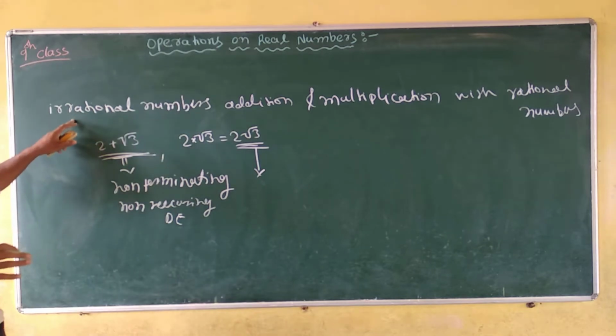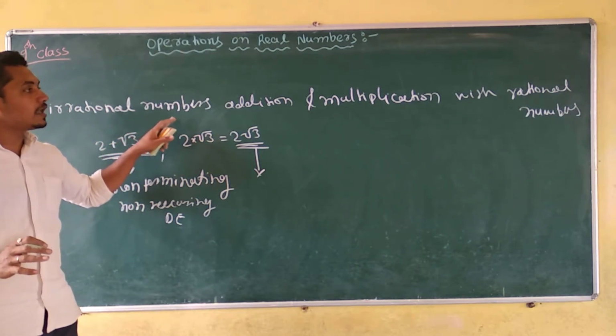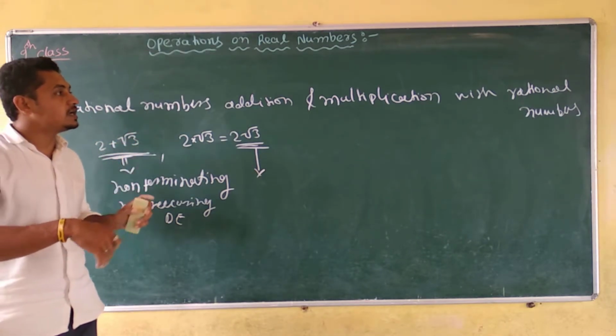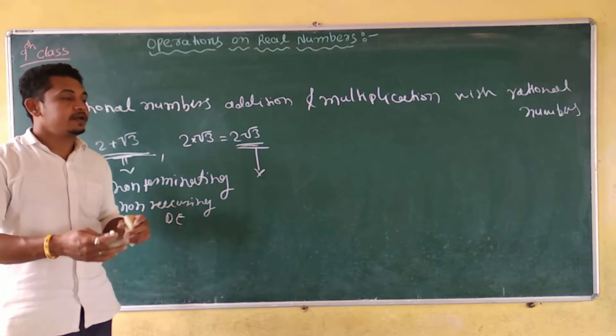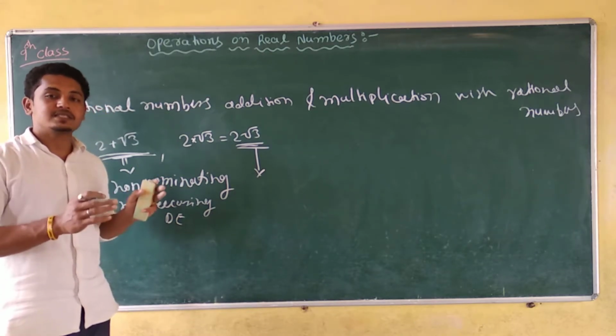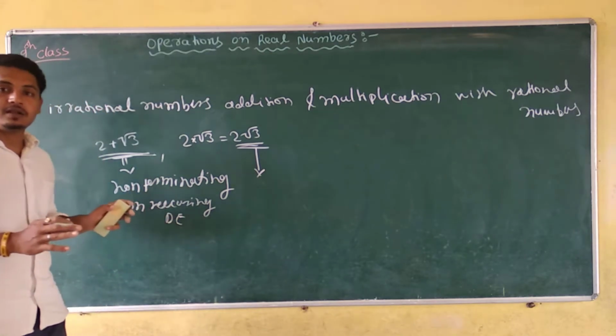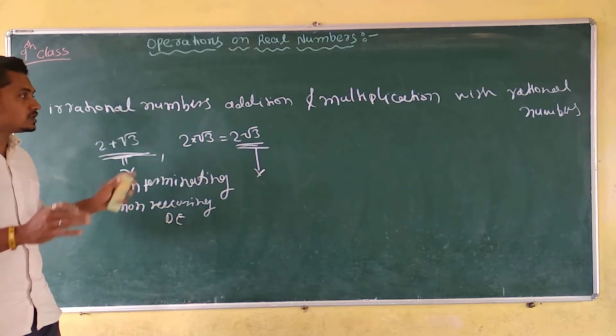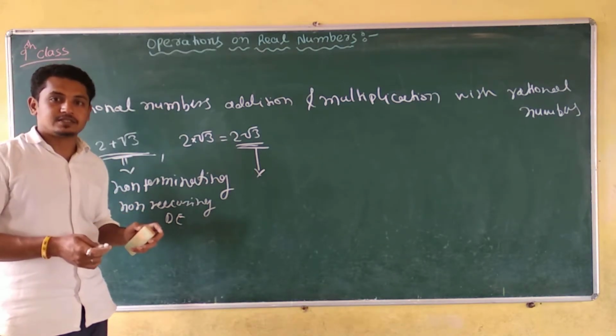So addition and multiplication of an irrational number with a rational number always gives an irrational number.